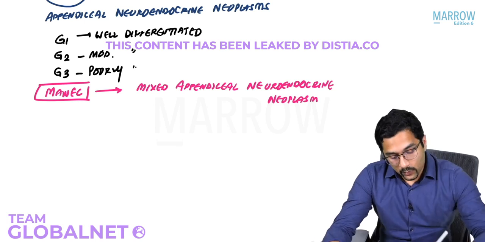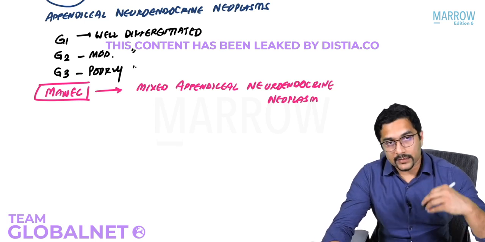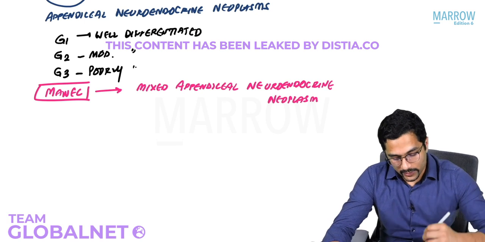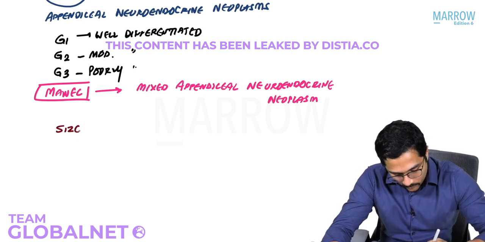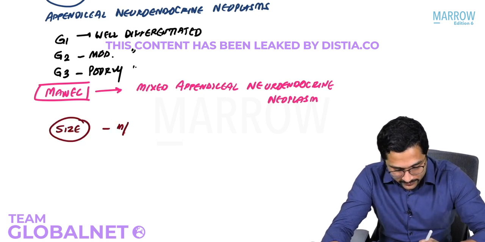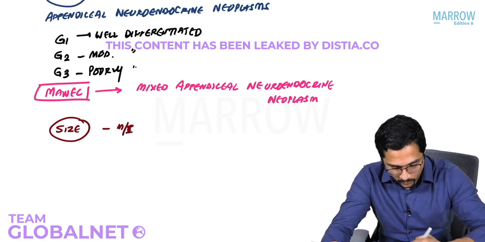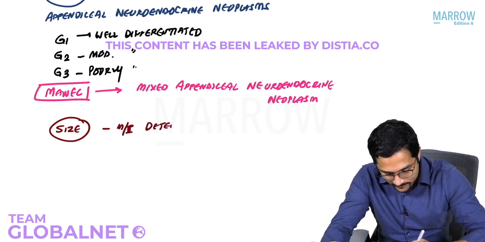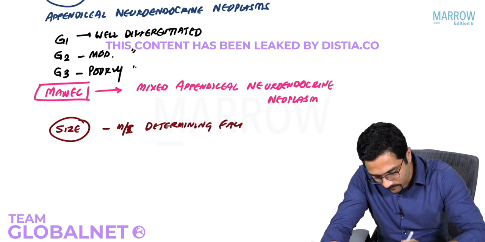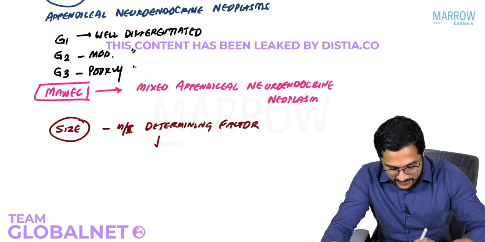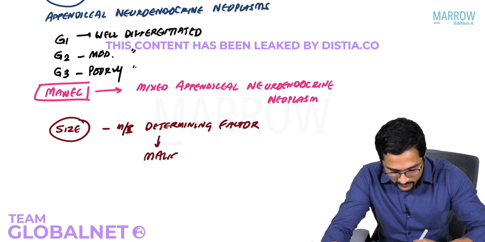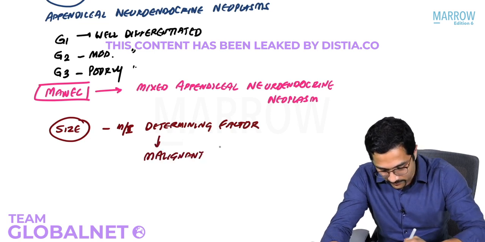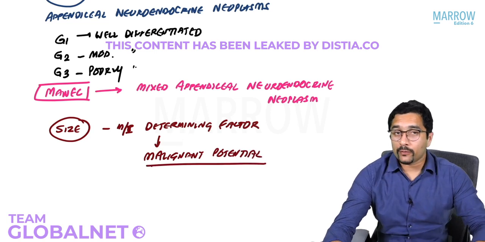Okay. Now, when we talk about appendicular neuroendocrine neoplasms, size is the most important determining factor, which tells us about the malignant potential, and it also tells us how these patients should be managed.